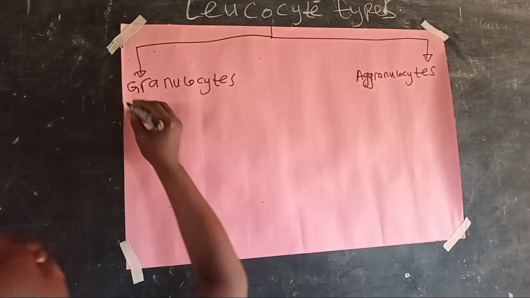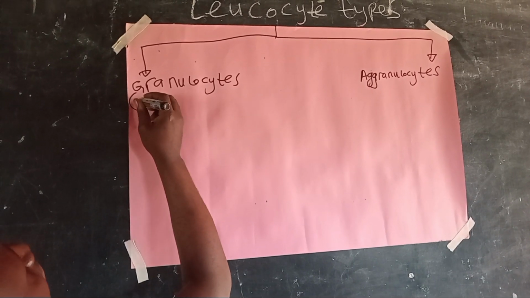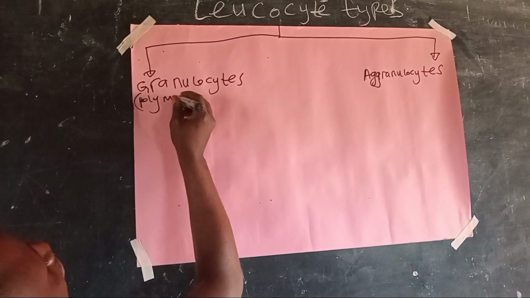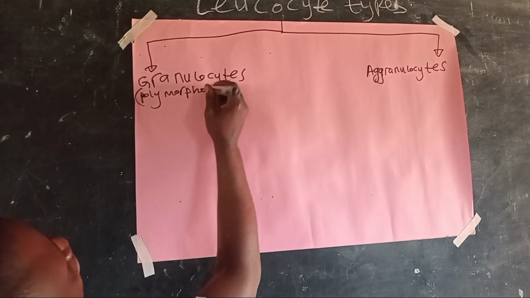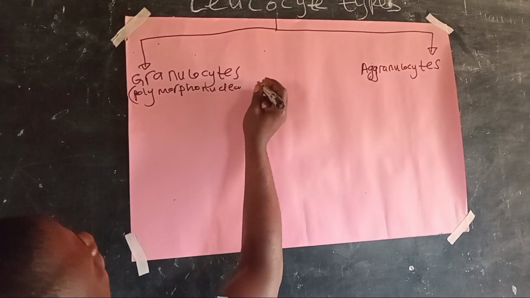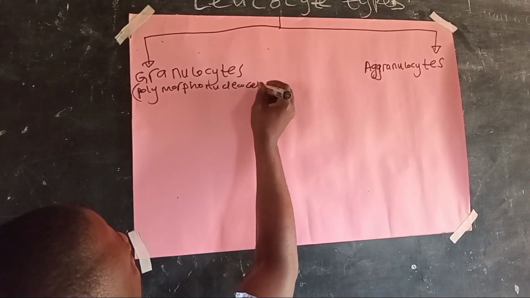The granulocytes are sometimes called polymorphonuclear cells.